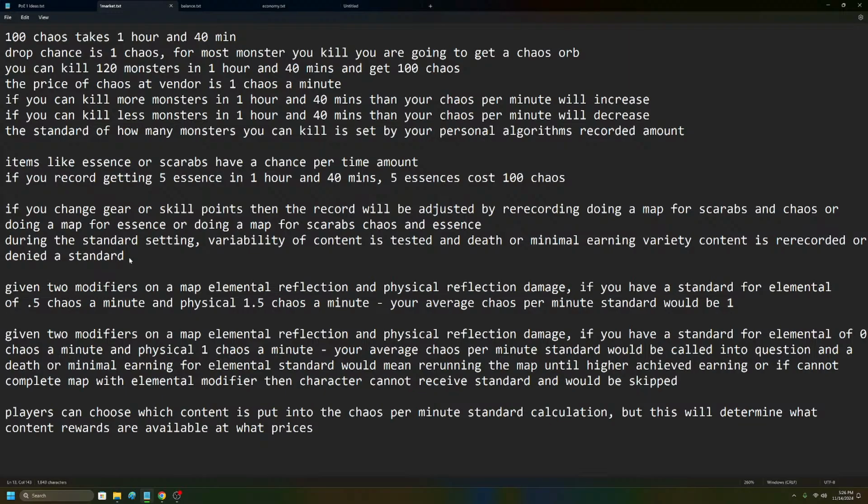So when you have 2, the items in the vendor are content that you can do pretty easily. So those items are cheaper. The resonators are cheaper.